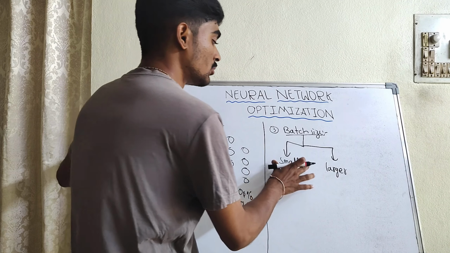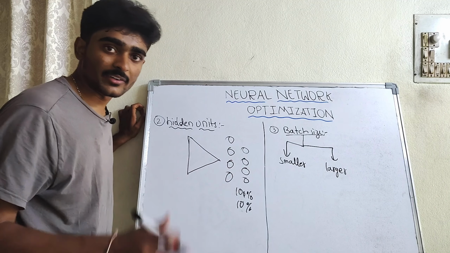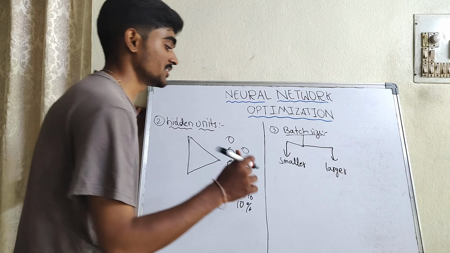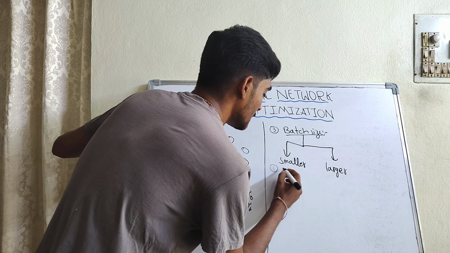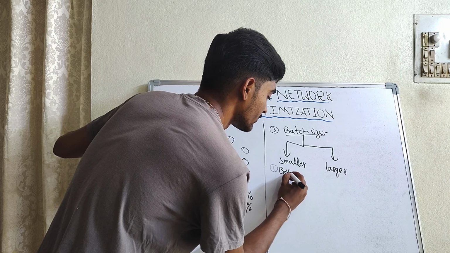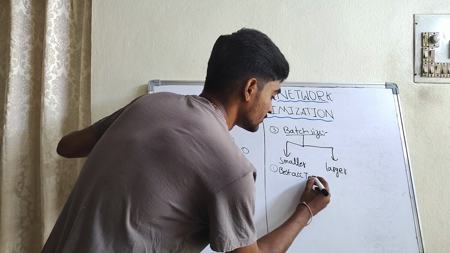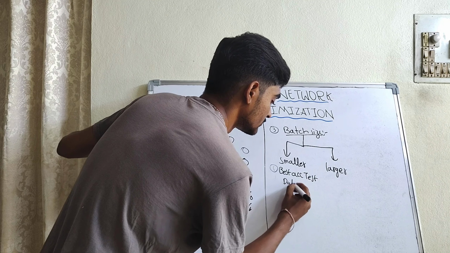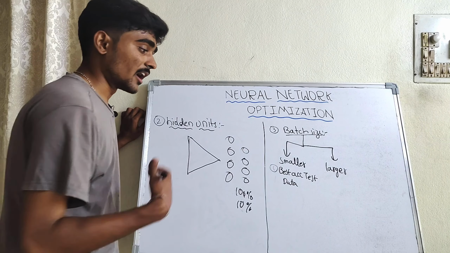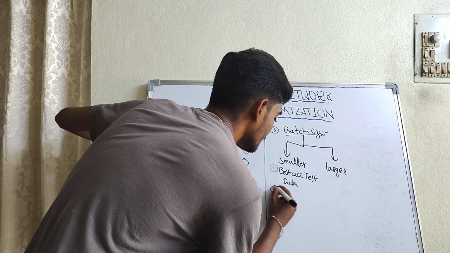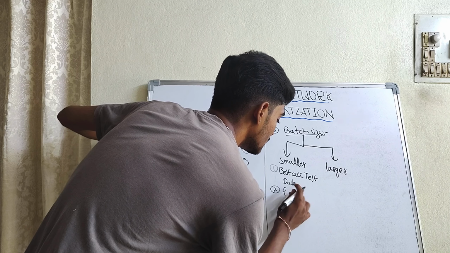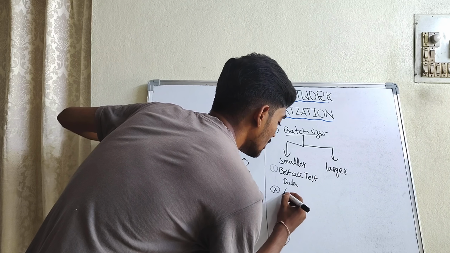Now when you go with the first approach, you will have some advantage and some disadvantage as well. The advantage is best accuracy on test data, and the disadvantage is longer training time.